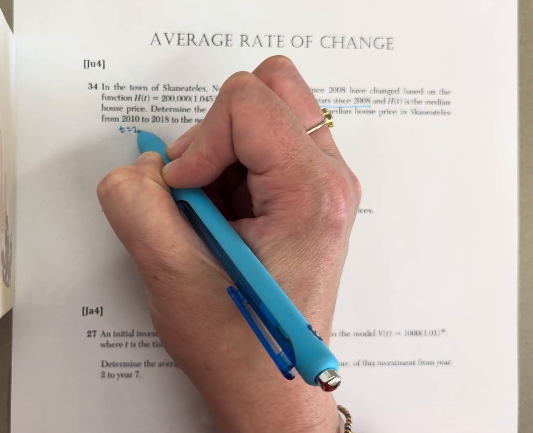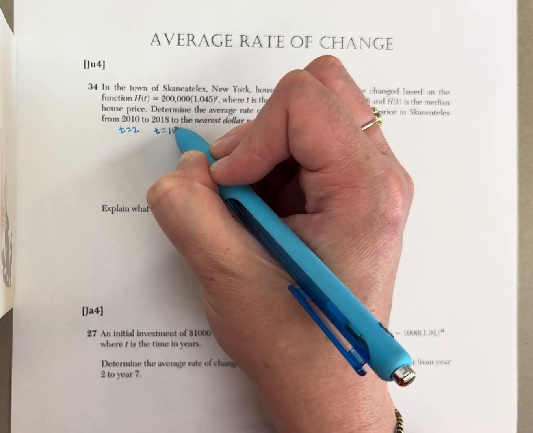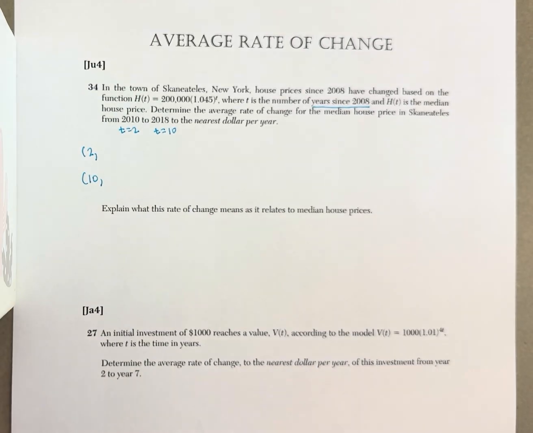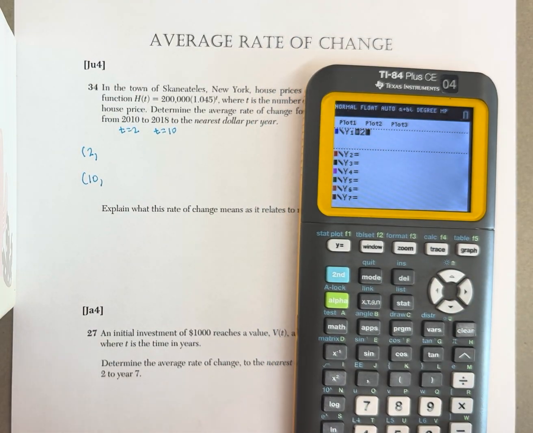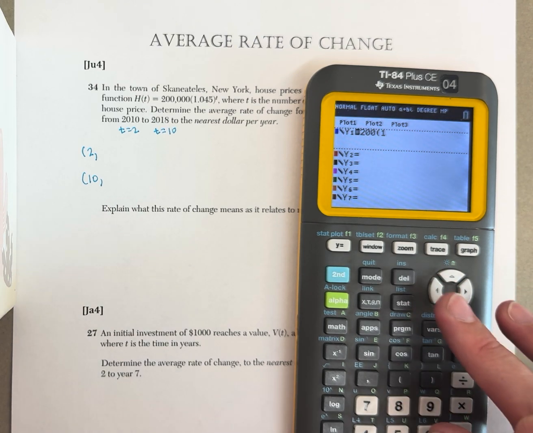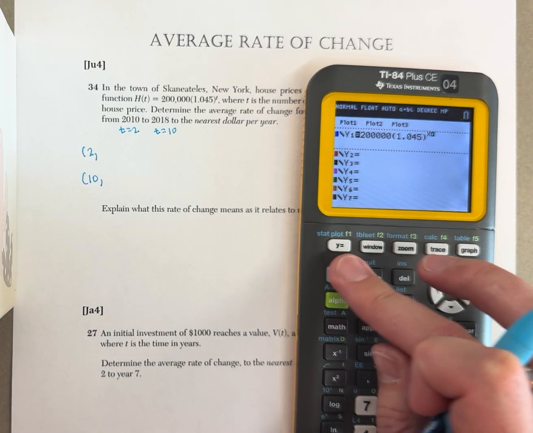So we're going to plug T equals 2. And for 2018, that's 10 years. So we're going to use 2 and 10 for our points. Now this one, we could go to the table because 2 and 10 are not that big. 200,000, 1.045 raised to the x.